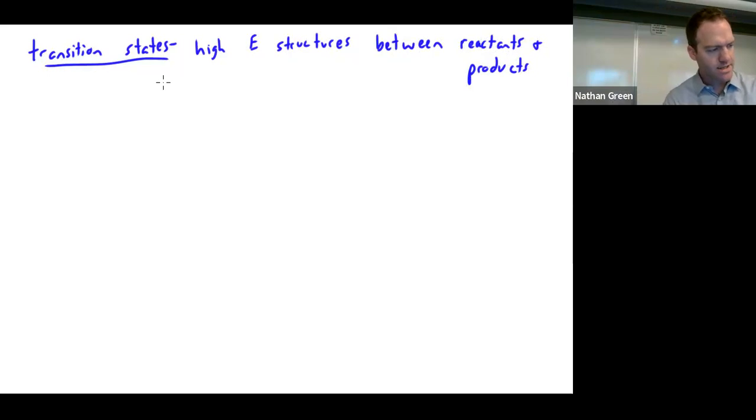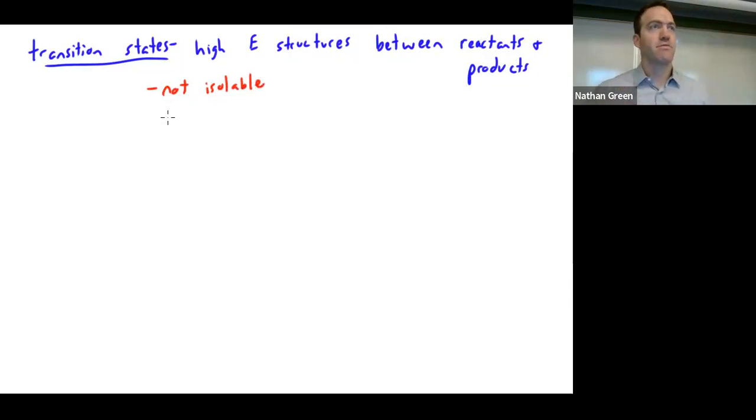Importantly, they are not isolable. That's probably not a word you've ever used in your life. Isolable or non-isolable means you can't put it in a bottle. I can't go, hey, here's a transition state I made for you. Take it home and tell me about it.